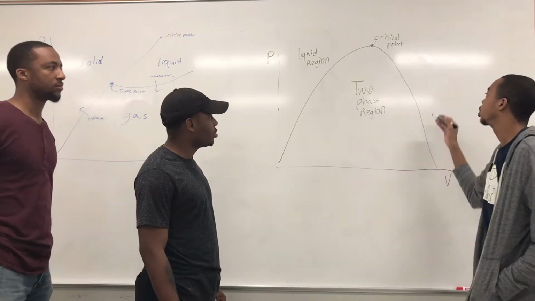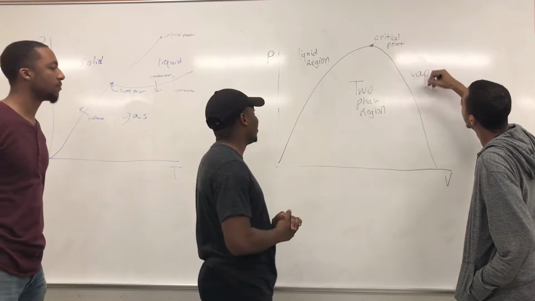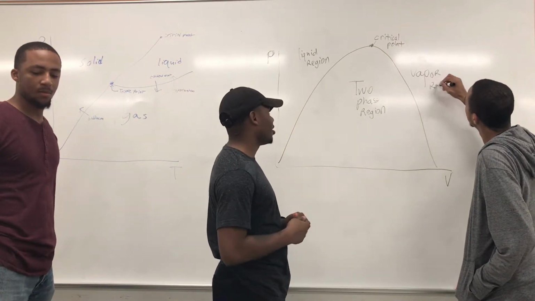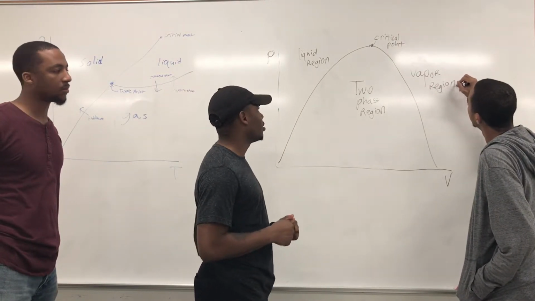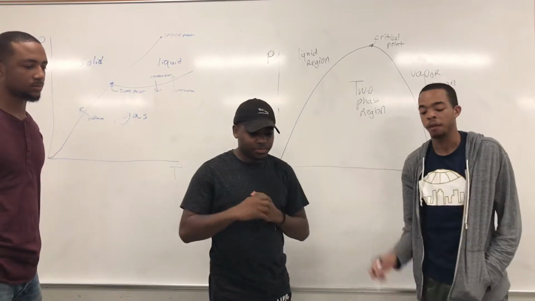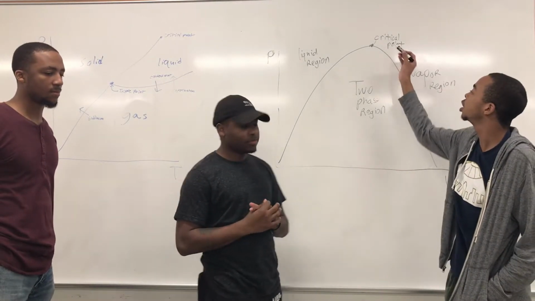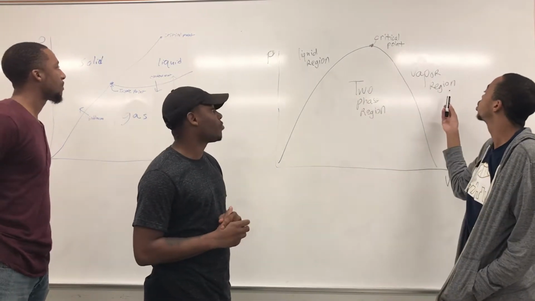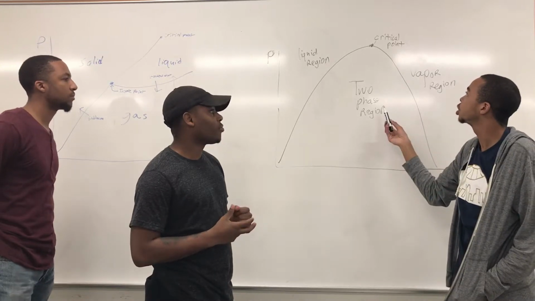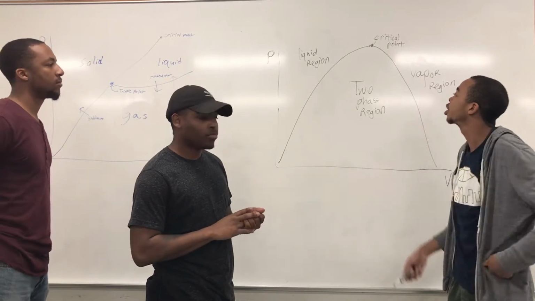Then this is the vapor region right here. So in total we have three regions, and the critical point: the liquid region, the vapor region, and the two-phase region, where they both are together.